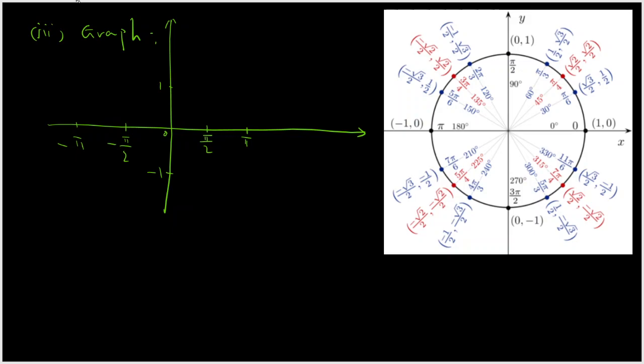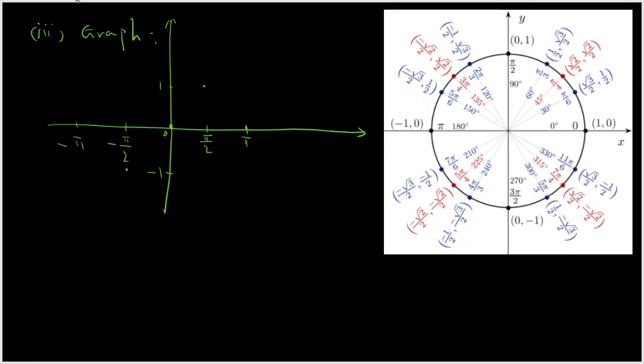Illustration only. I just sketch the graph when x is in between negative pi and pi. The origin is on the curve, right? You have this point on the graph, and then you have the value of the function at half pi is equal to 1. You have this point, and you have this point. On this side, of course, you have this point. The value of the function at negative half pi is equal to -1.